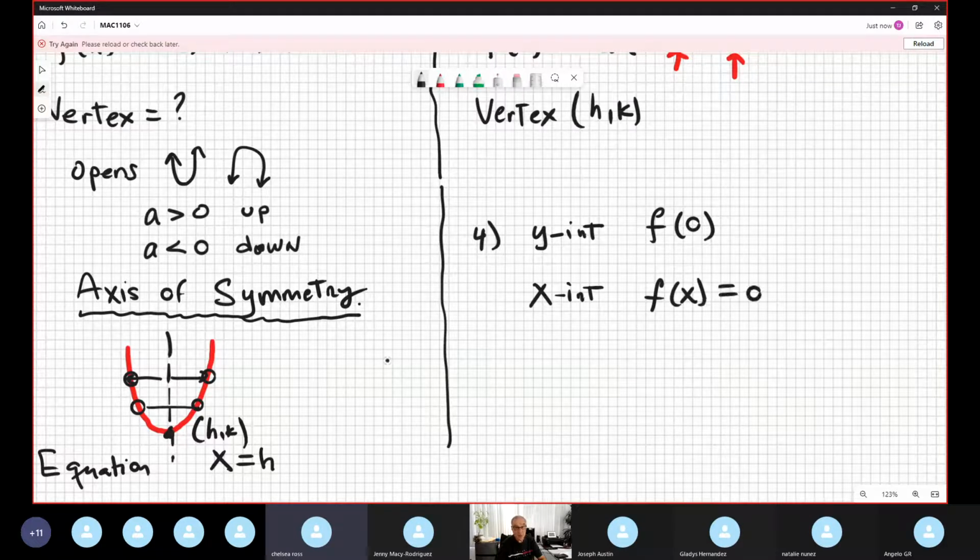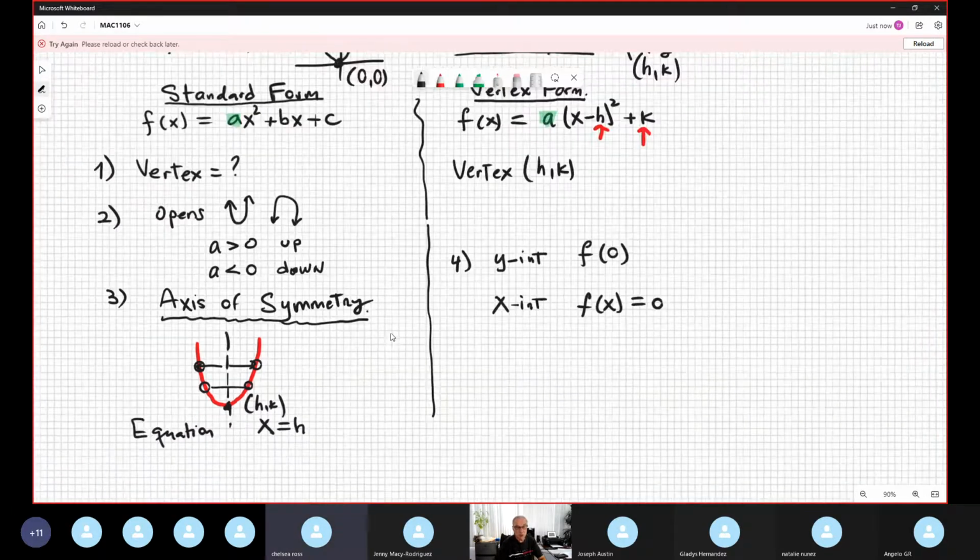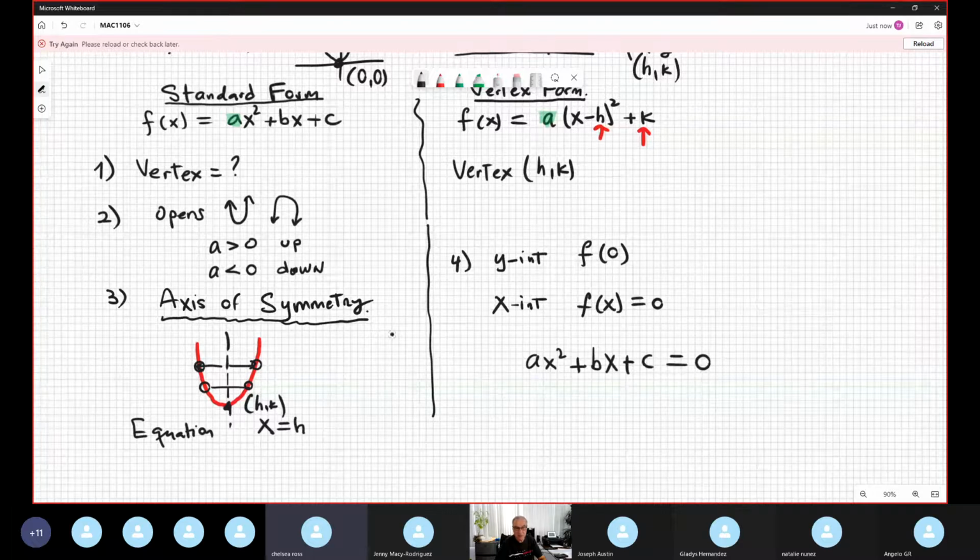Actually, the thing that we are doing in chapter 1, when you solve the quadratic equation, was the solution of this equation, and basically we are trying to find the x-intercept because this is the function.